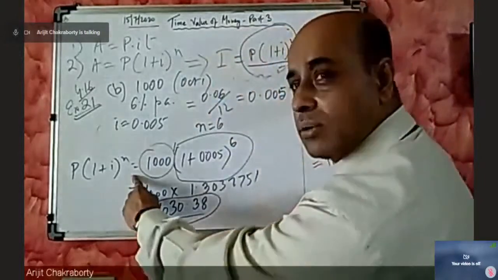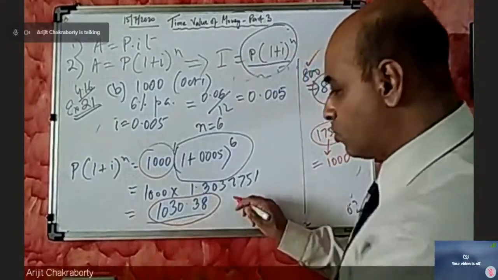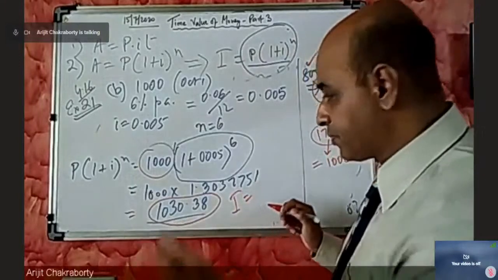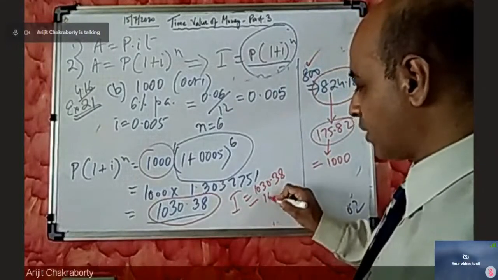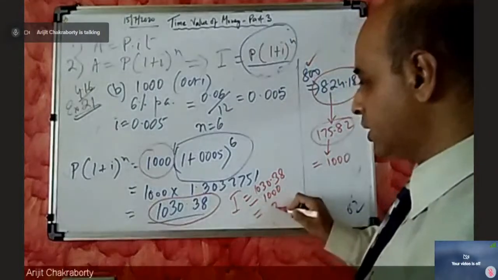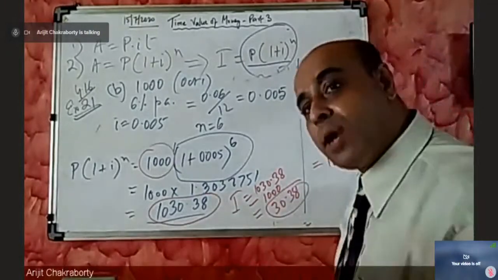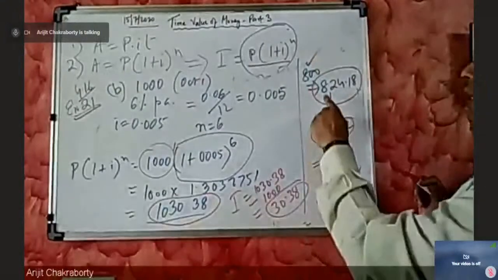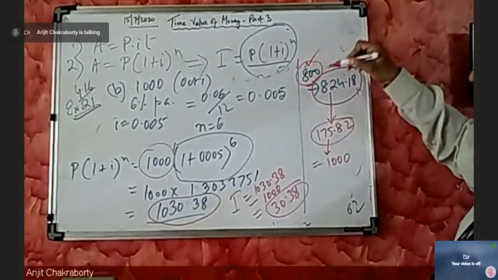Therefore 1030.38, you can see what is the interest he has earned. He started with 1000. He received 1030.38. So what is the additional amount he has earned? 1030.38 minus 1000. So he earned 30.38. But in the first round of his investment, he had received 824 and his principal was 800.